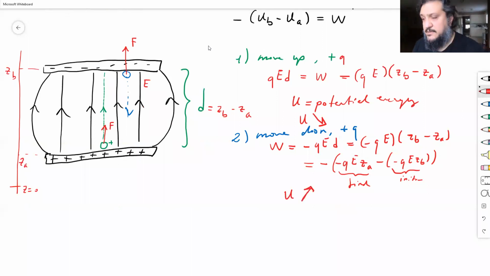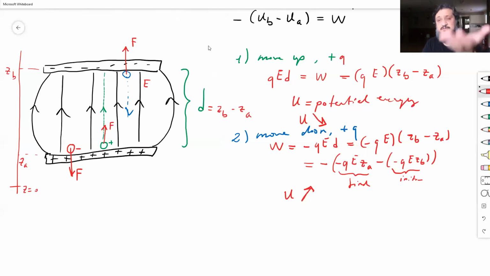U increases. All right. So the other two options are move up and down again, but take a negative charge. What if your charge is negative? If the charge is negative, the force is downward. This charge wants to stay there.